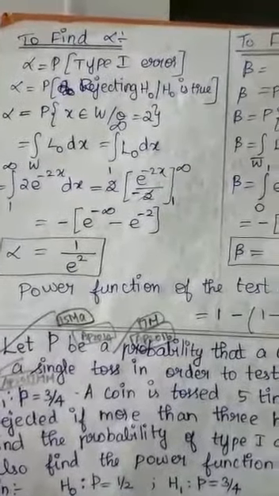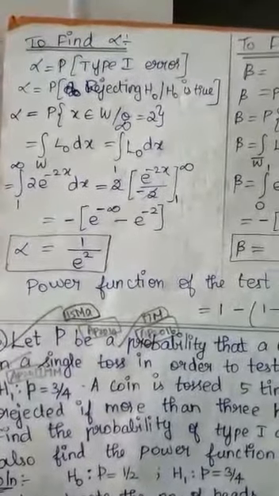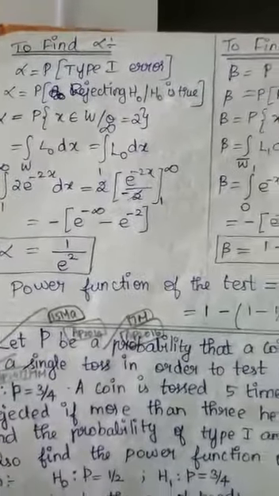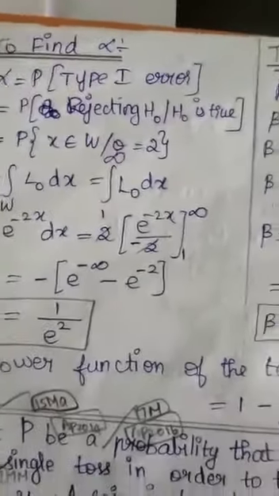The formula of alpha is the integral over W of L0 dx. The W we defined before is x greater than or equal to 1, so W is varying from 1 to infinity.